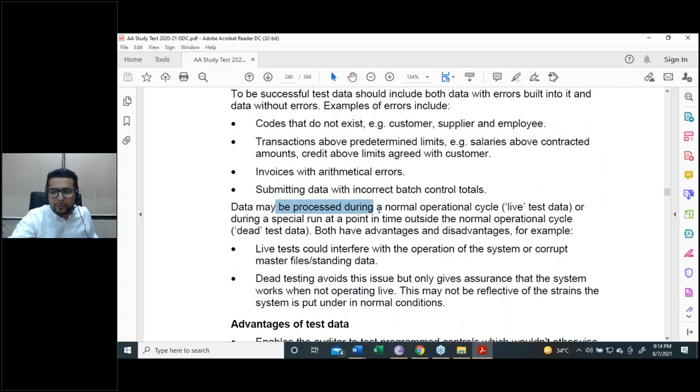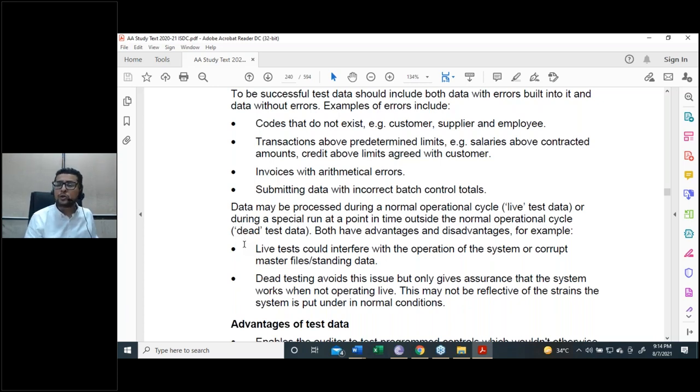Data may be processed during the normal operational cycle, which is called live test data, or data may be entered at a special point of time, which is called dead test data. Now what's live and what's dead? Let's imagine all of you are our organization and you operate 9 a.m. to 5 p.m. And obviously your website, your system, your software is connected with the master files from 9 a.m. to 5 p.m. If I enter dummy data in between these hours, this is called live testing.